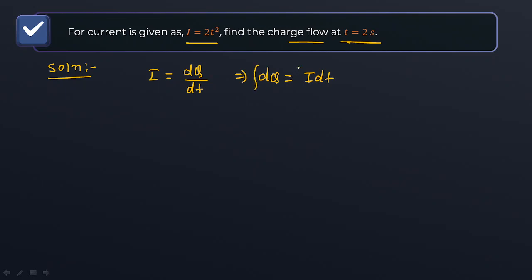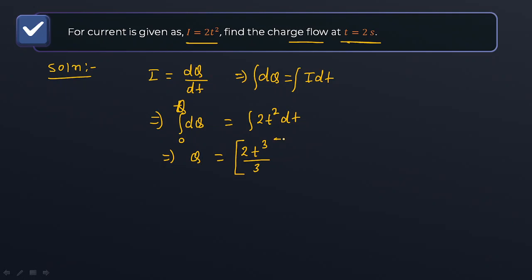Now we can do the integration because current is a variable quantity with time. So we can write integration of dq from 0 to q, that will be equal to integration of I, which is 2t square dt, from 0 to 2 seconds. So q will be equal to 2t to the power 3 divided by 3, integration, hope all of you know.